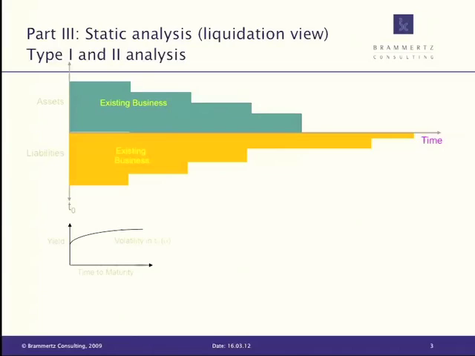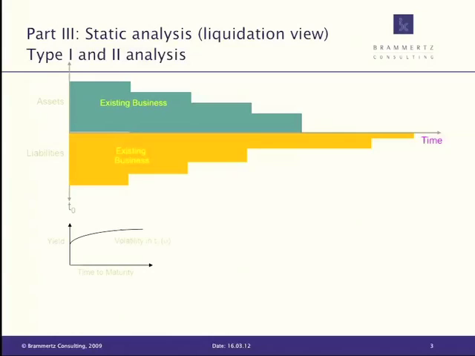So we have to distinguish static and dynamic analysis. Static analysis, we did it already once, but I repeat it here, is taking the existing business and just keeping it till it matures. So you run down the balance sheet, for example, if you're a bank. Like doing no new business.